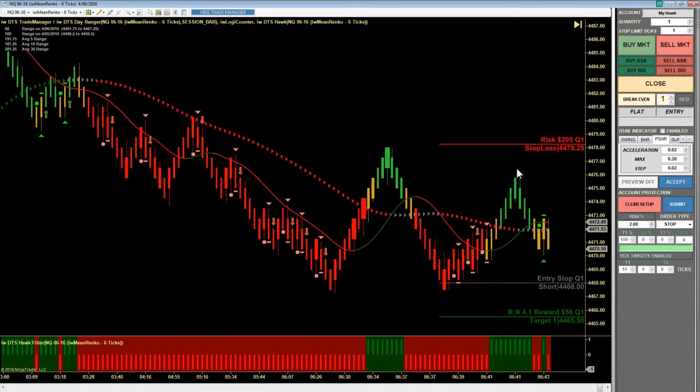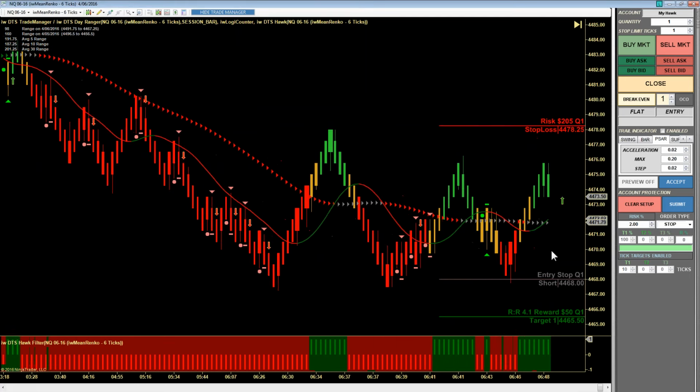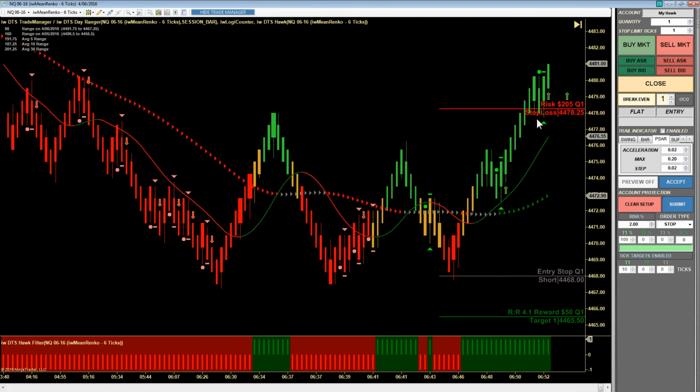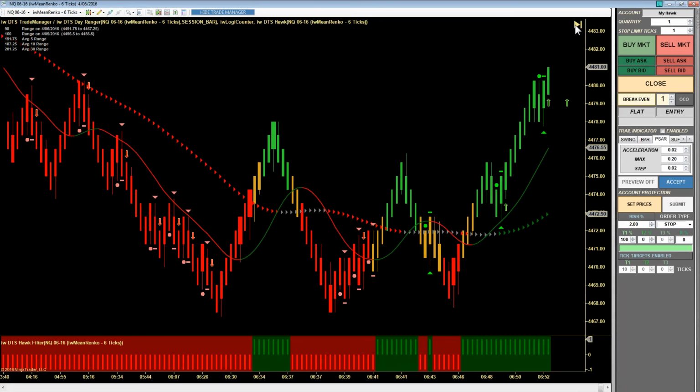The market gave us a chance to adjust our stops and start to bring them down, but let's say we didn't, and eventually we get stopped out. This is an amount I can afford. Is it unpleasant? Sure. I don't want to lose money, but I can take a little bit of solace in the fact that I have not damaged my account. I've only lost $200. I'm okay. I can still keep trading.